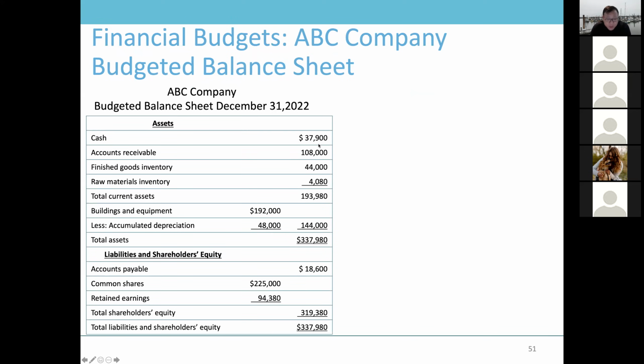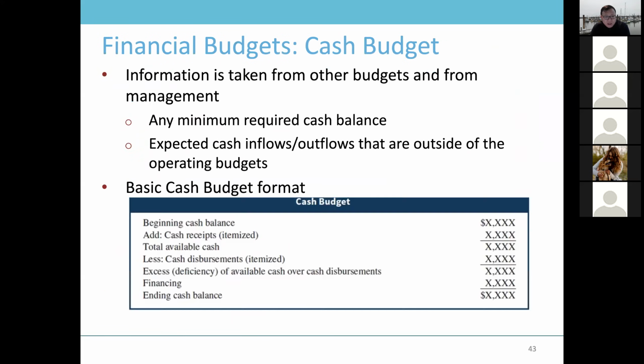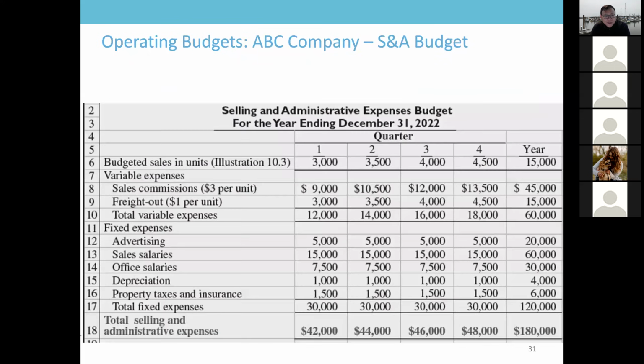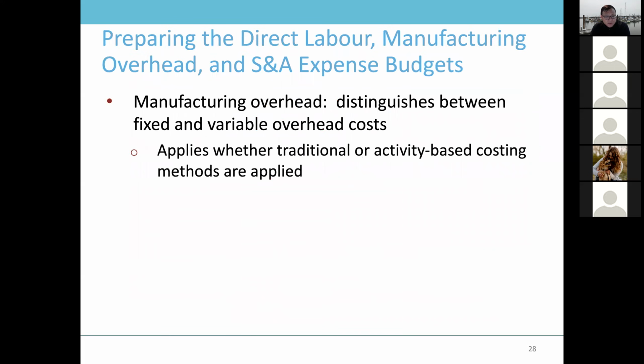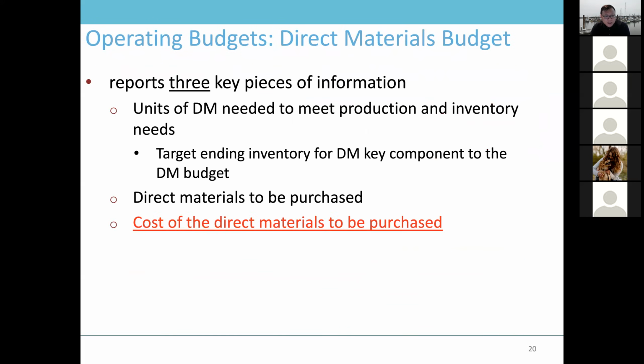So that's this number. Finished goods inventory is 44,000. How did we get this number? Let's go to the production budget. Boy, I wish I could do a better job of flipping all these slides. Production budget.